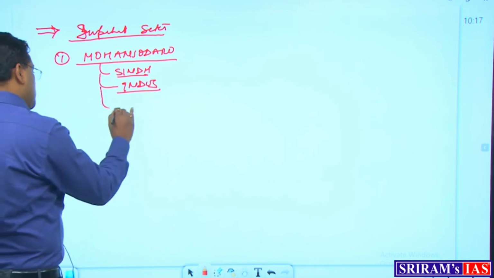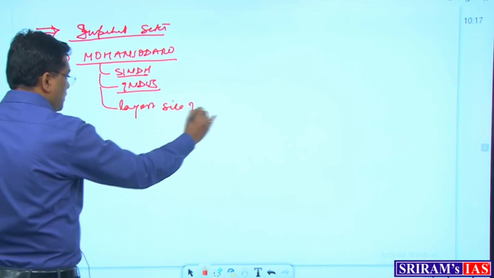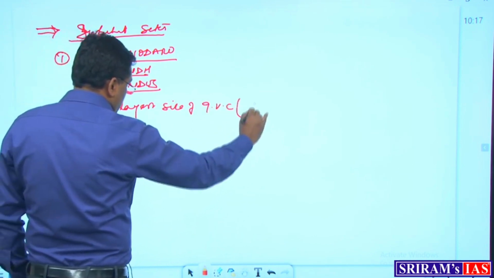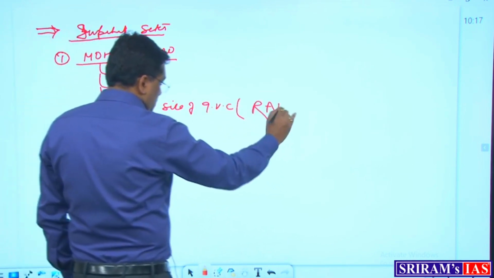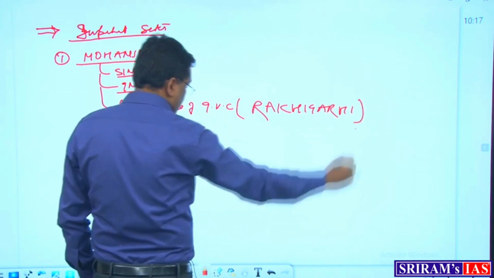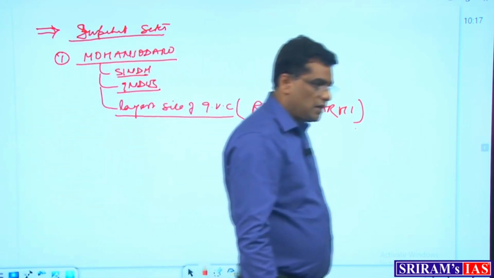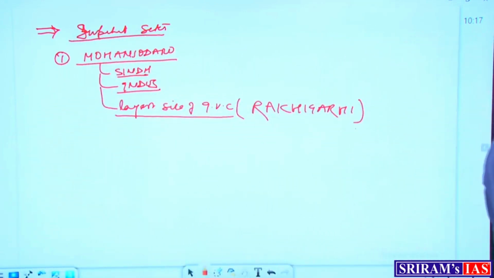Largest site of the Indus Valley civilization, but Rakhi Garhi will take over Mohenjo. But still the largest site of the Indus Valley civilization is Mohenjo.